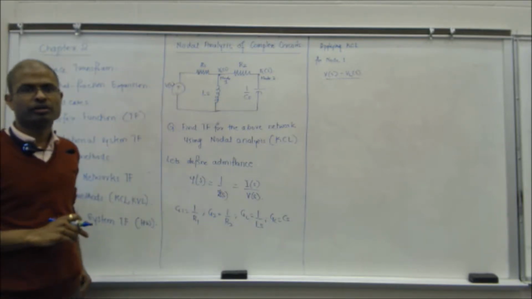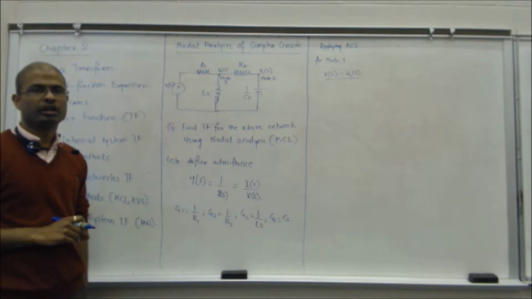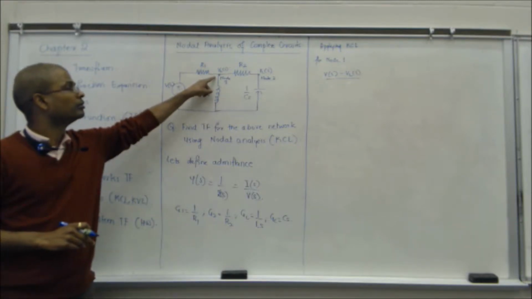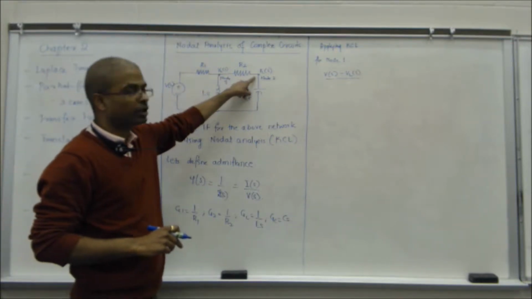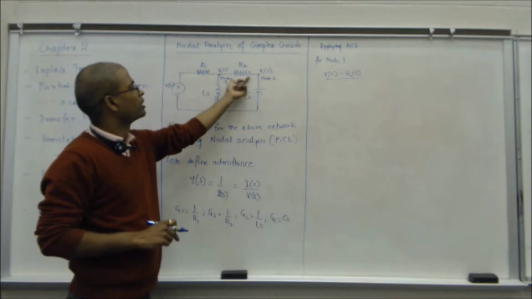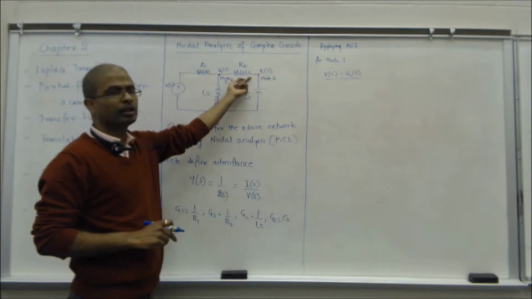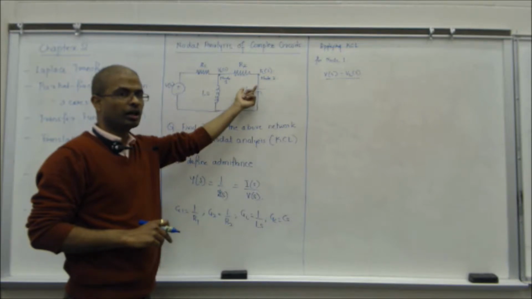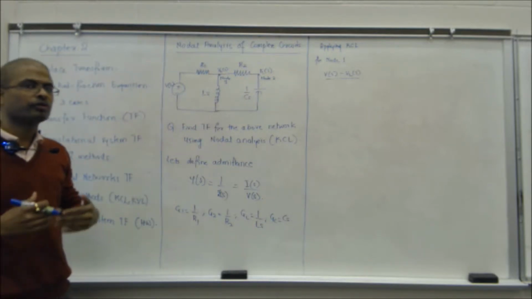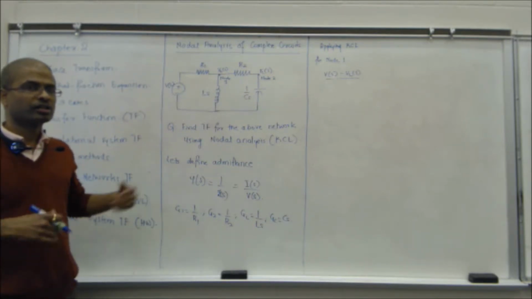So it doesn't really mean anything to have a node there. Here, the current splits, right? It is one path, but there are two elements. I'll show you how it splits. Voltage source is the source for current. That's where it starts flowing.